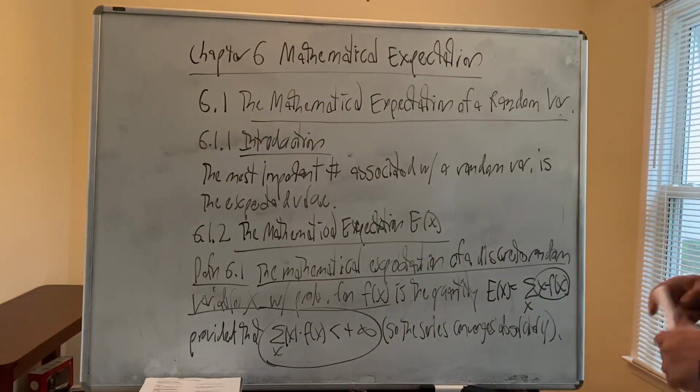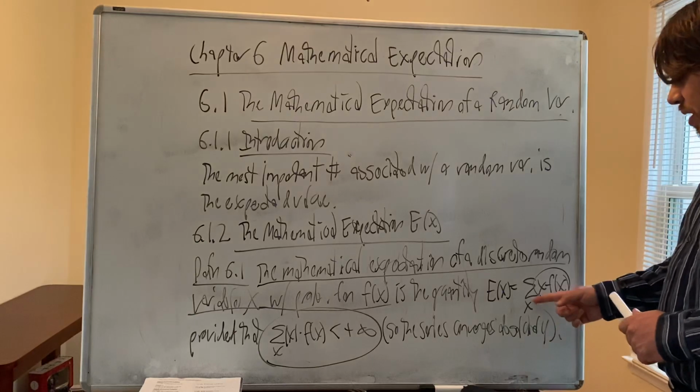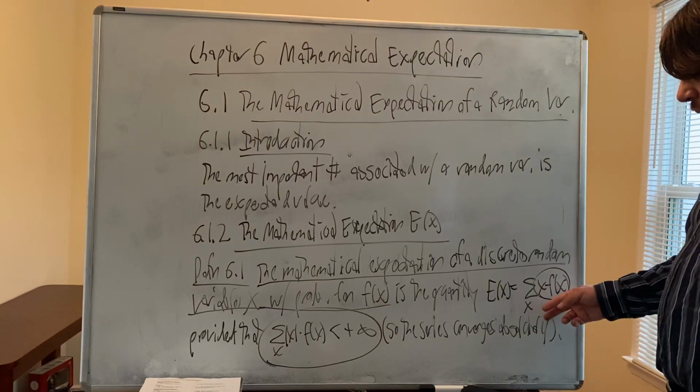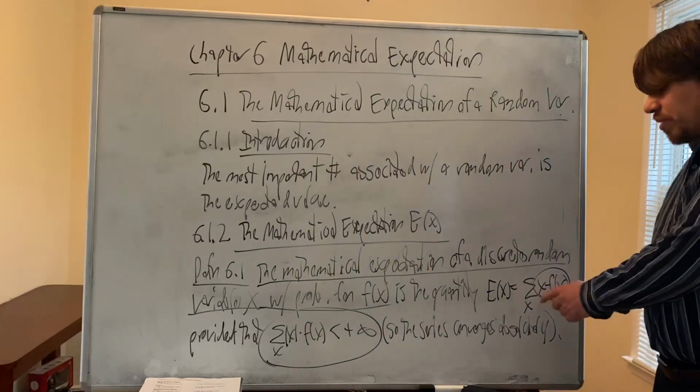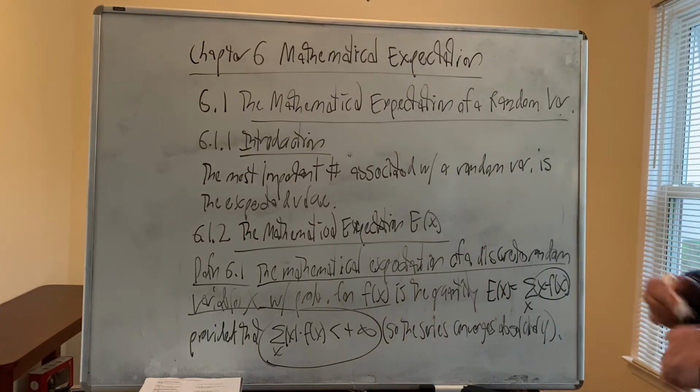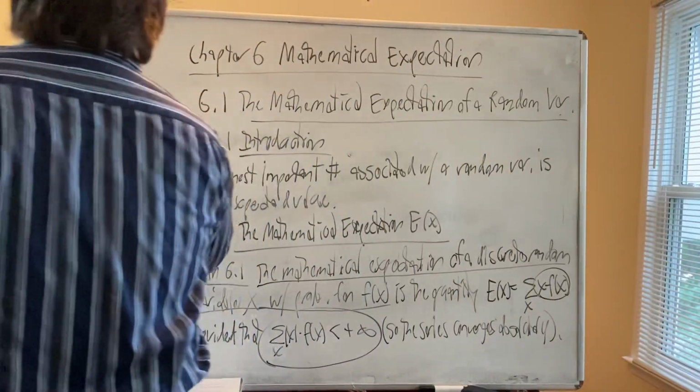Also, this sum over x denotes the summation over all values of x that are possible values of the random variable capital X. So where should I write that? I'm going to write this over here.